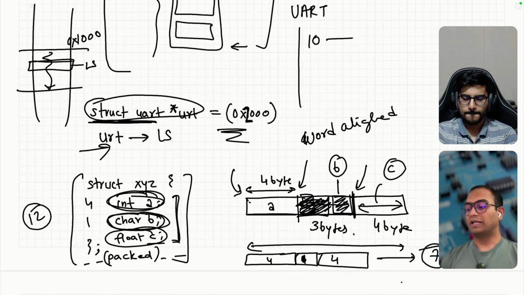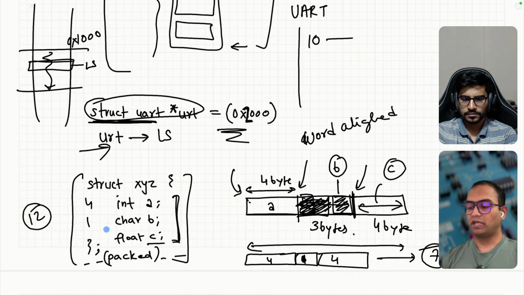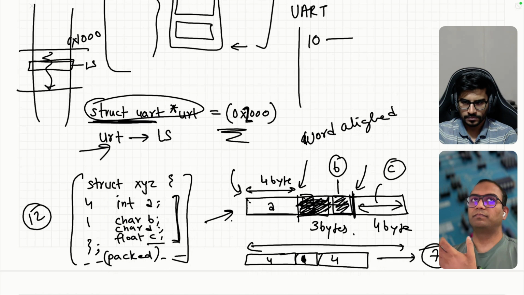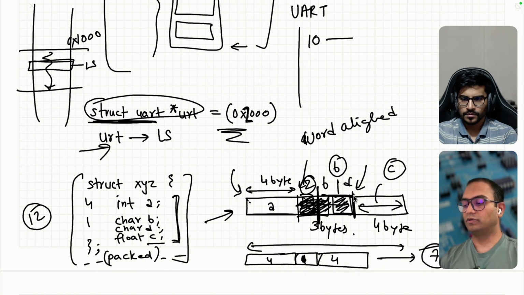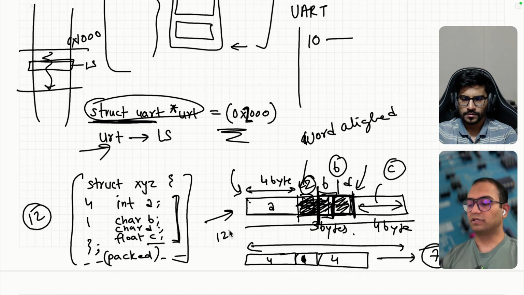Now, another thing to remember is, let's say instead of A, B, C as characters, we also had another character, D here. Even then, in the non-packed case, there would be padding of only 2 bytes, and B and D would actually have 2 bytes here. They will be allocated 2 bytes here, and the entire size would still be 12.